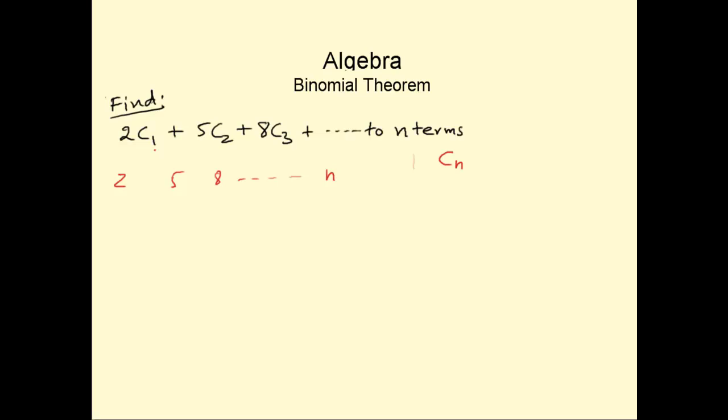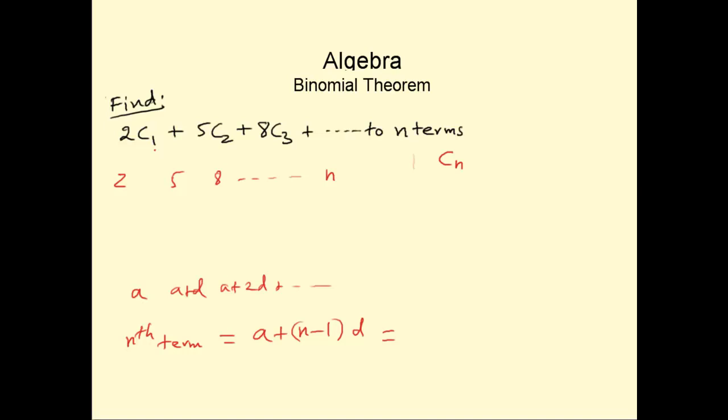So the nth term in arithmetic progression is given by, if the progression is a plus d, a plus 2d and so on, the nth term is given by a plus n minus 1 times d, right? So here, what is a?